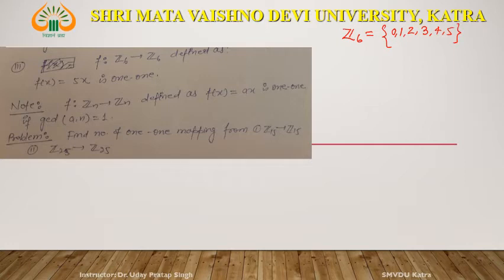What about 6? 6 is equivalent to 0, 7 is equivalent to 1, since if we divide 7 by 6, the remainder is 1. Then Z6 is equivalent to 0, 1, 2, 3, 4, 5. Now this f on 0, 1, 2, 3, 4 and 5.